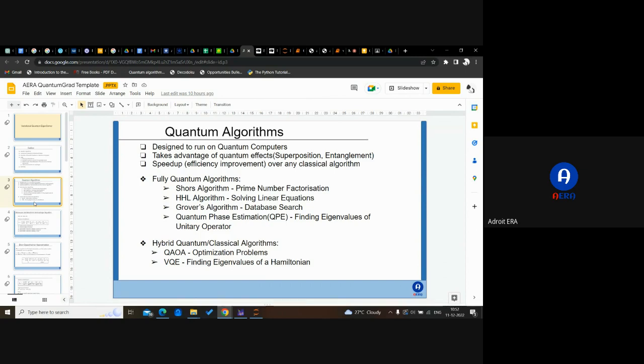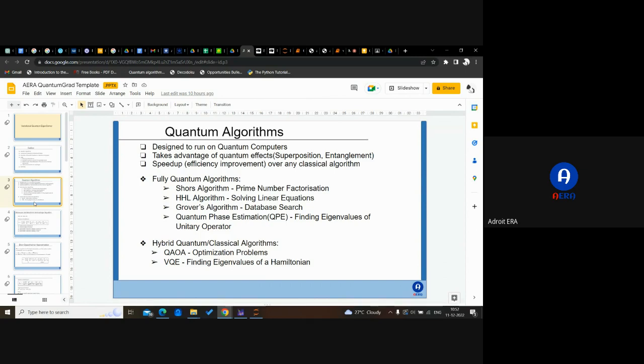So we can find the stable state energy of hydrogen molecules using the variational quantum eigensolver. The variational quantum eigensolver is particularly used for chemistry based problems, like finding the bond length, the bond angle, the distance between two molecules, and the ground state energy. Particularly, we are interested in ground state energy because that is the stable state energy of a molecule. A molecule will usually be in that state, right? The ground state or the stable state.